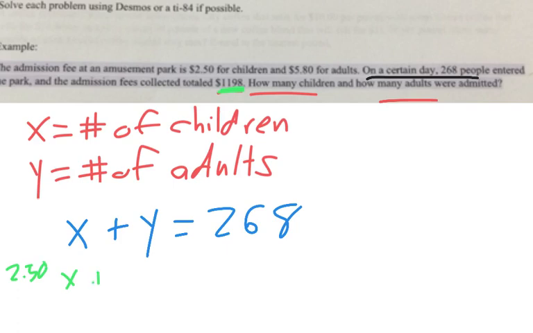And then similarly, if there were Y adults that entered the park, they made $5.80 off of each of those. So they made $5.80 times the number of adults. That's the amount of money they made from adults. And in total, this has to equal $1,198. Questions there?